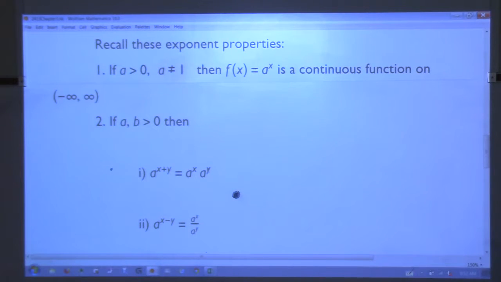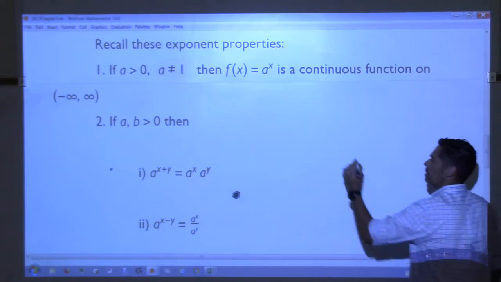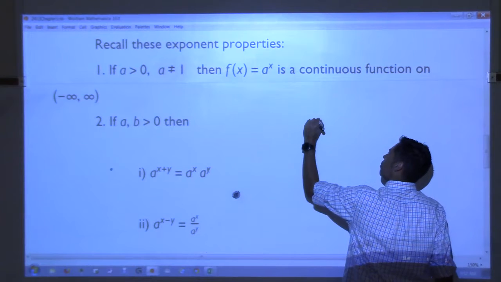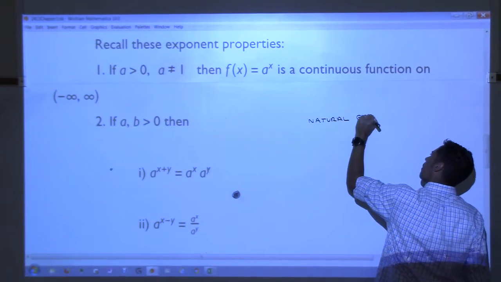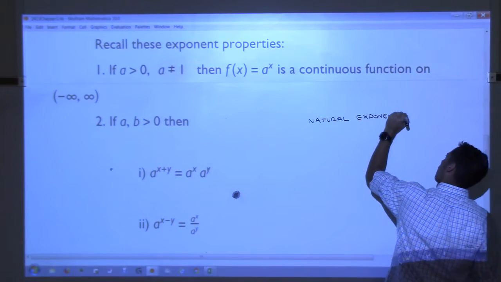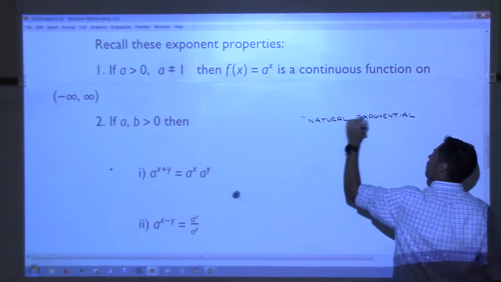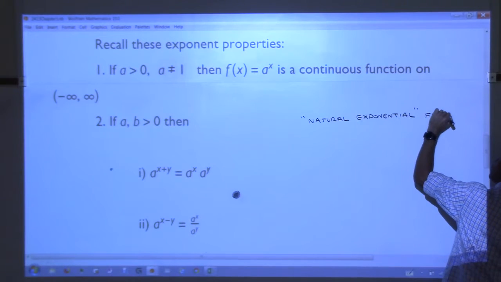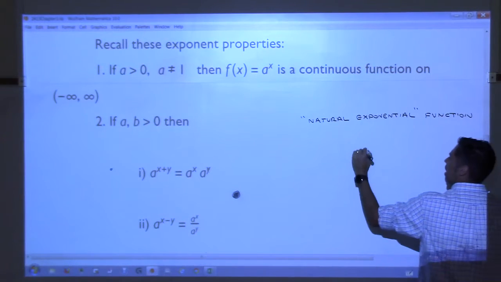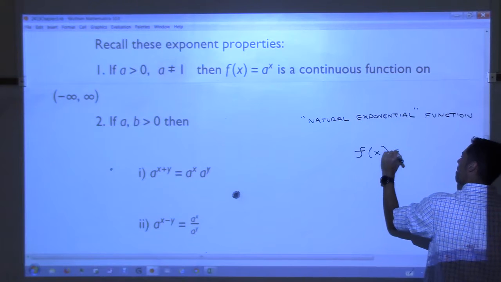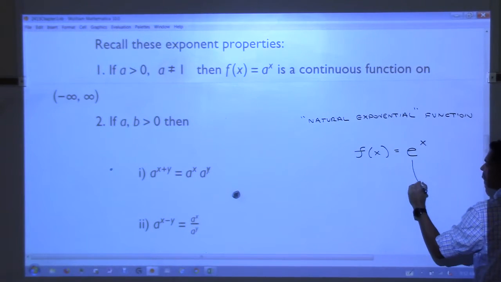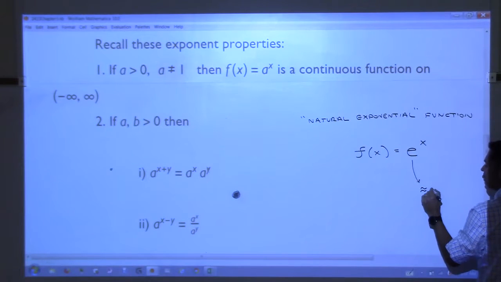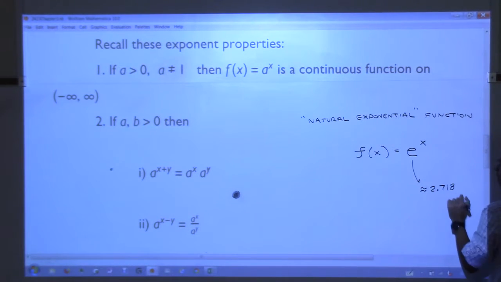That's all I have for exponential functions. That is quick. I will add one more thing, and that's to recall the natural exponential function. That was that very special function, e to the x. So e is a number, approximately 2.718, but it goes on forever.